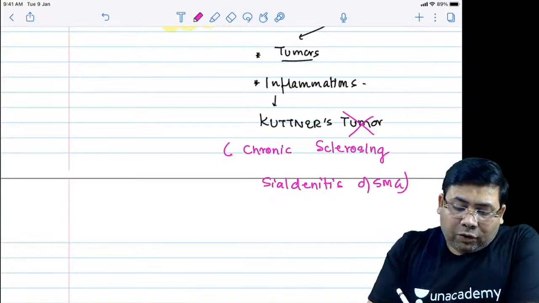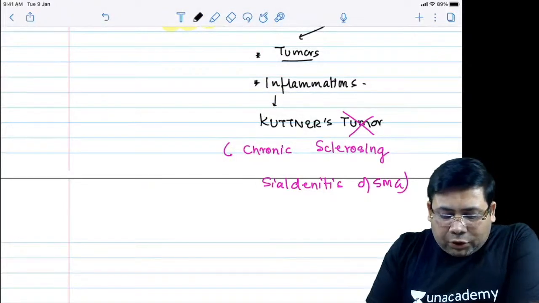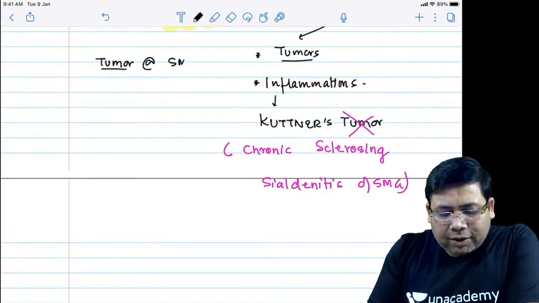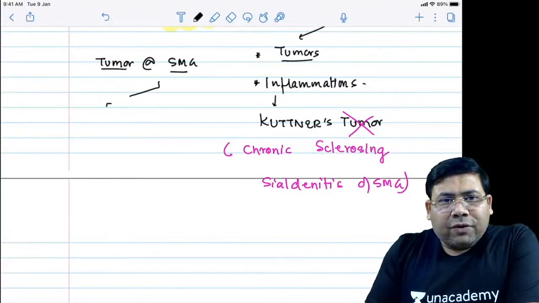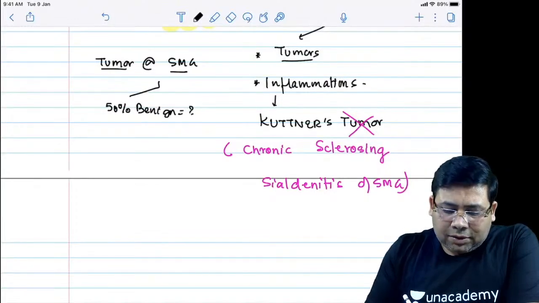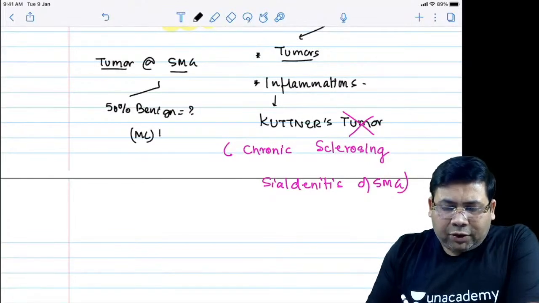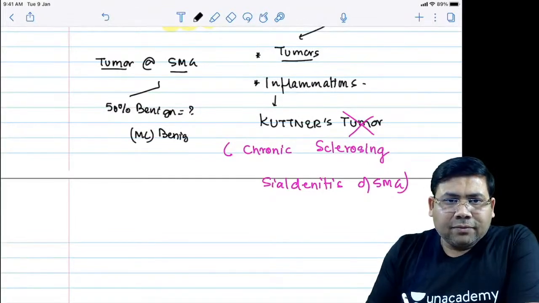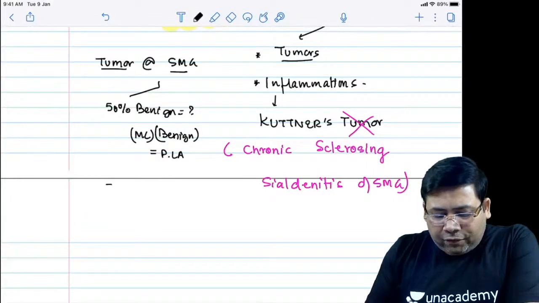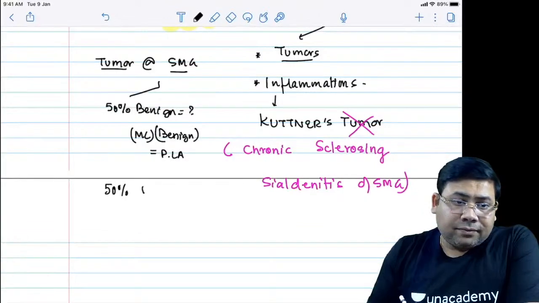When you talk about the tumors of the submandibular gland, 50% of them are benign. And among the benign tumors, the most common is pleomorphic adenoma. And 50% of them are malignant.